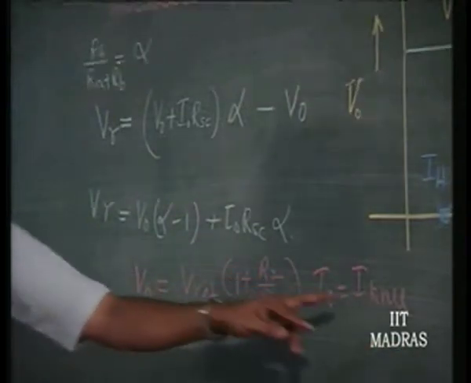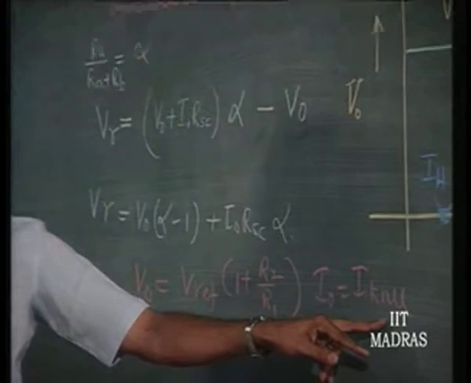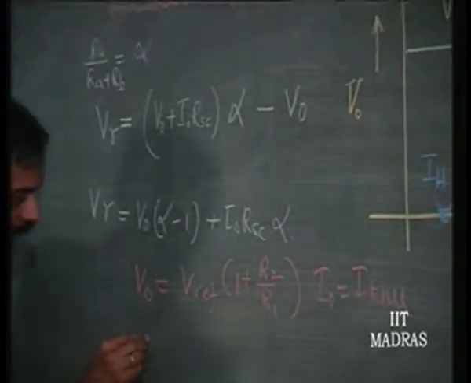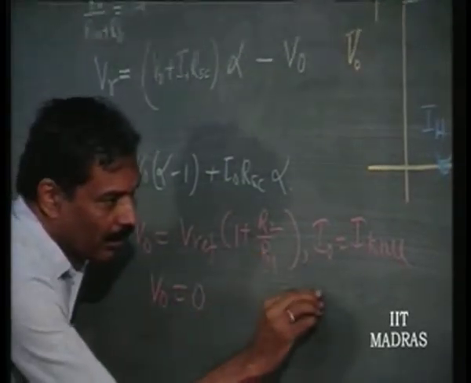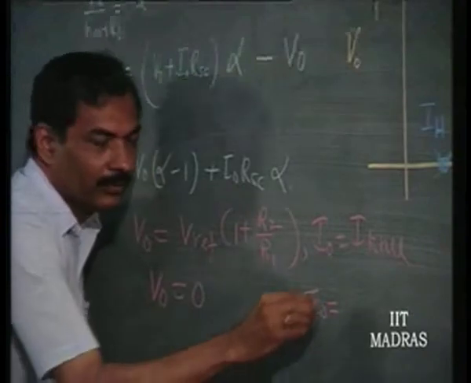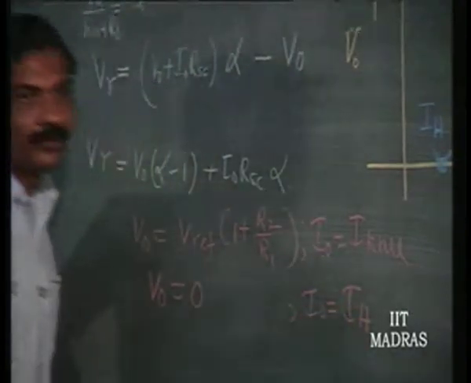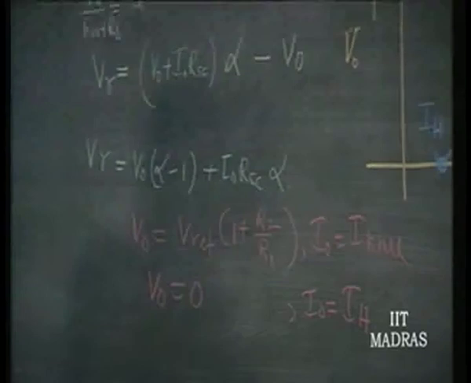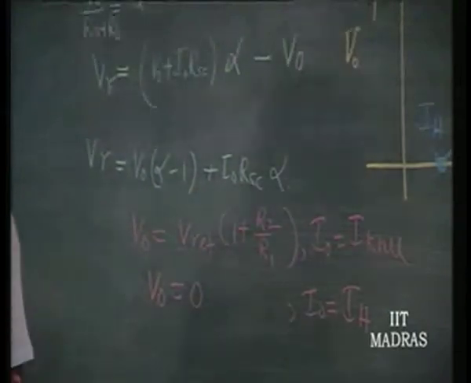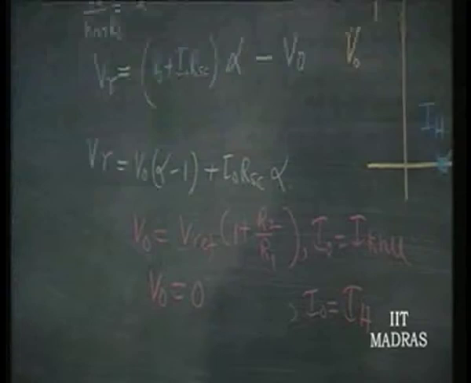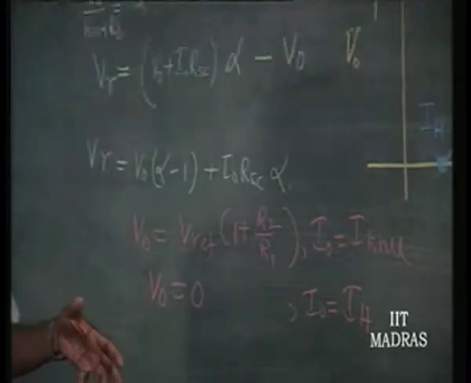This voltage is known, this current is known. Okay. The other point is V naught equal to 0, I naught is equal to what? I hold. I hold, what would you like to have it as? 0. But we know it cannot be 0 simply because we have to hold, right. That is why the need for I hold to be non-zero. But then I would like to have it as small as possible.